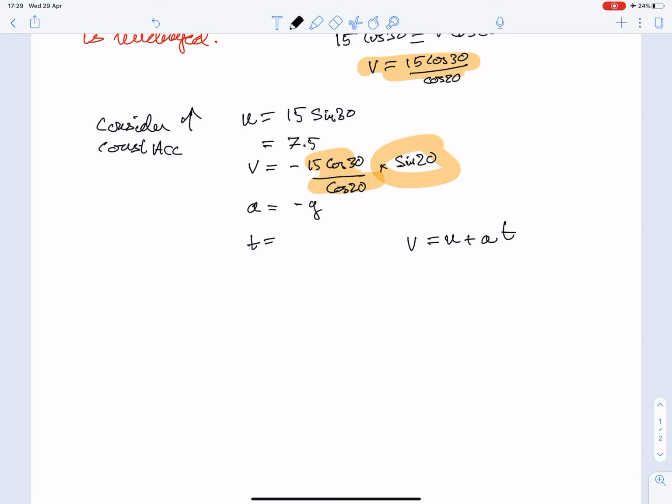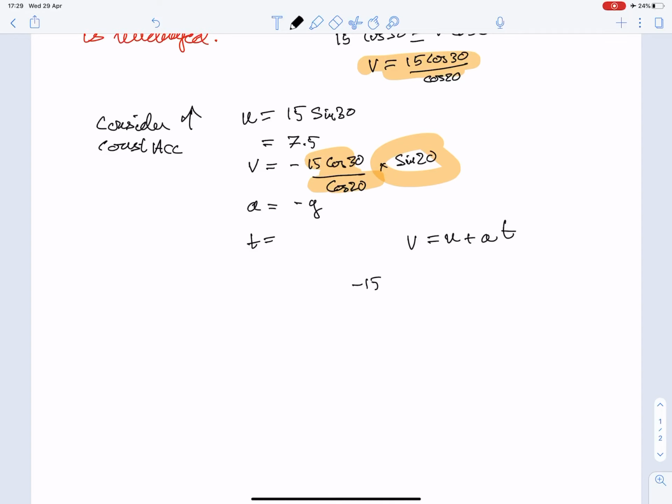Substituting in, we've got minus 15 cos of 30 sine over cos is tan, so tan 20 equals u, which is 7.5, minus gt. So add the gt across, 15 cos 30 tan 20 plus 7.5.